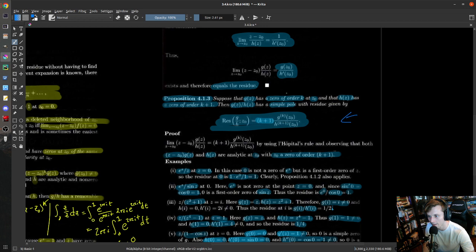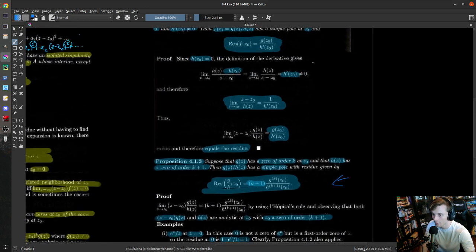So if g had a zero of order k at z naught and h has a zero of order k plus 1, then we had a simple pole with residue for g over h given by k plus 1 times the kth derivative of g at z naught over the k plus 1th derivative of h at z naught. So just take one more derivative on the bottom, multiply by k plus 1, and there you go.